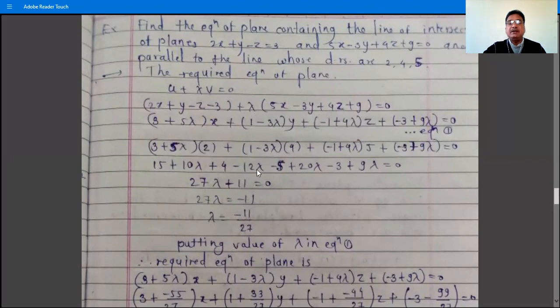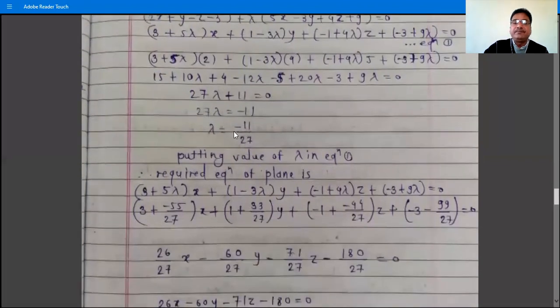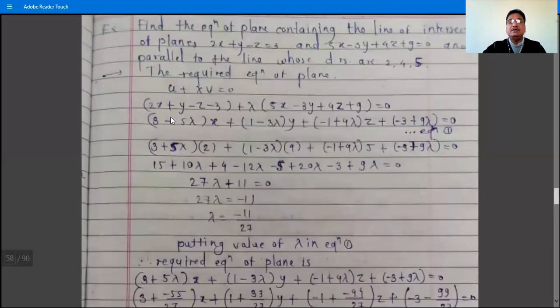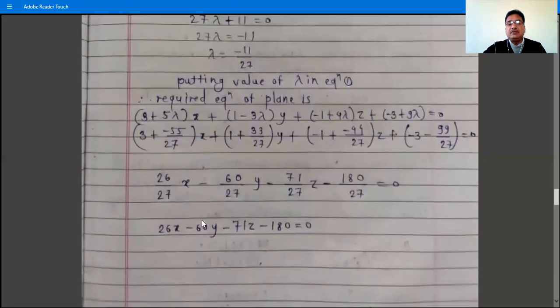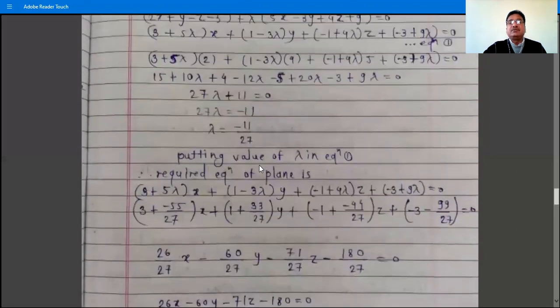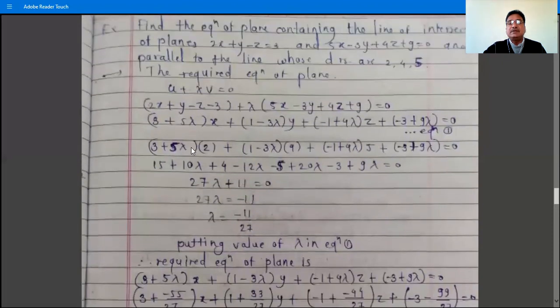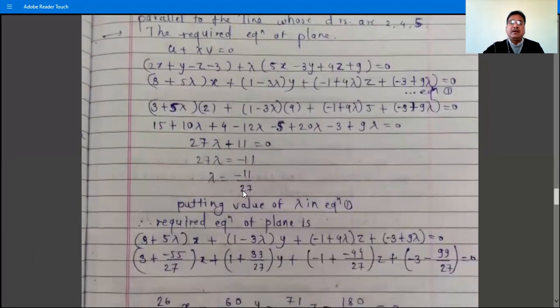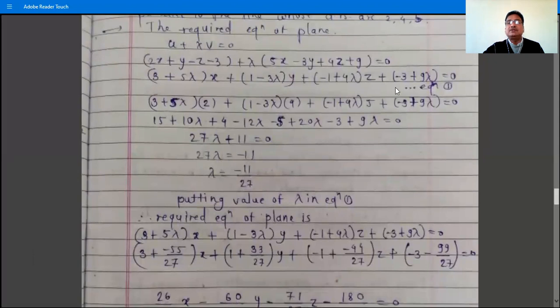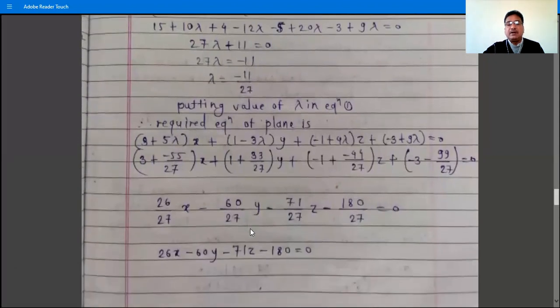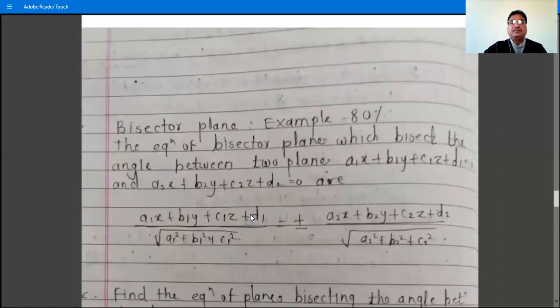Then simplify and find the value of lambda, and substitute that value in equation star, or equation 1, and we get the required equation of the plane. The earlier value was wrong, so correct it: (2 plus 5 lambda) into 2, (1 minus 3 lambda) into 4, (minus 1 plus 4 lambda) into 5 is equal to 0. Find the value of lambda and put it in equation number 1. We get the required equation of the plane.